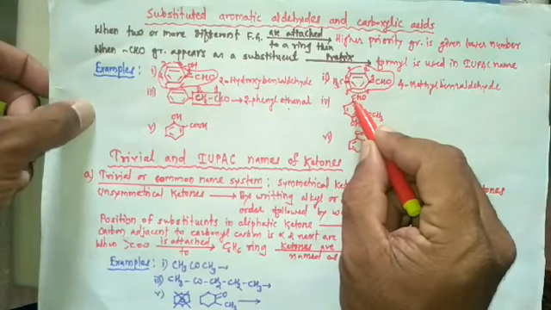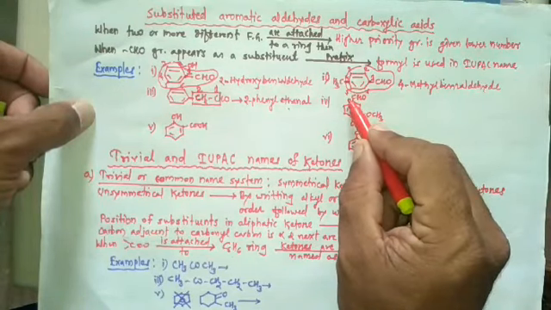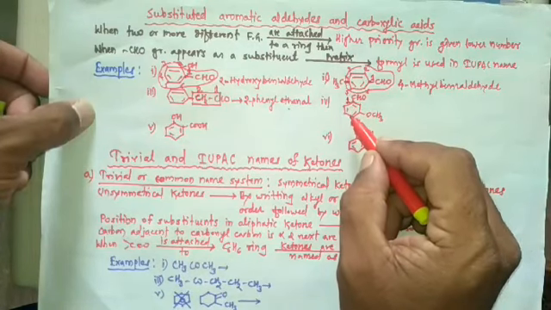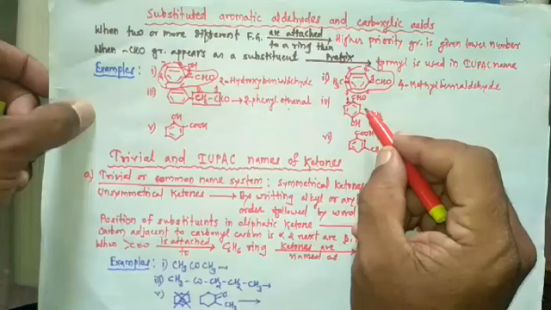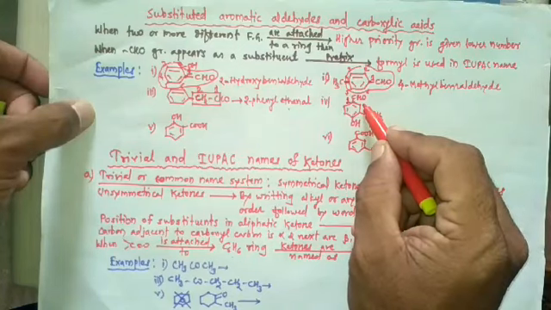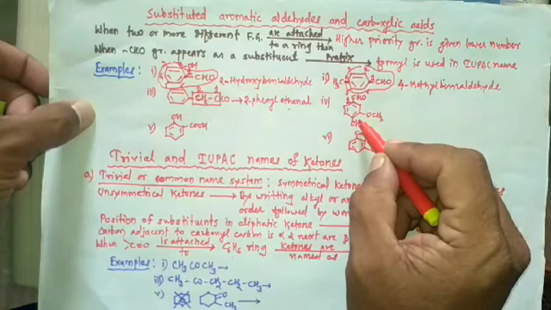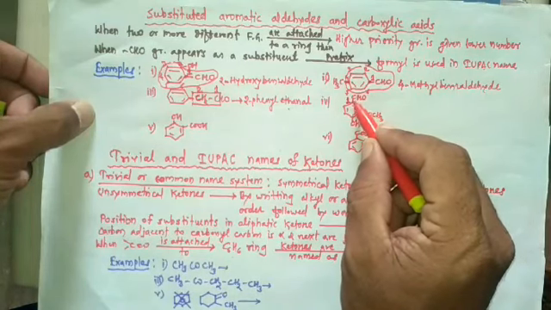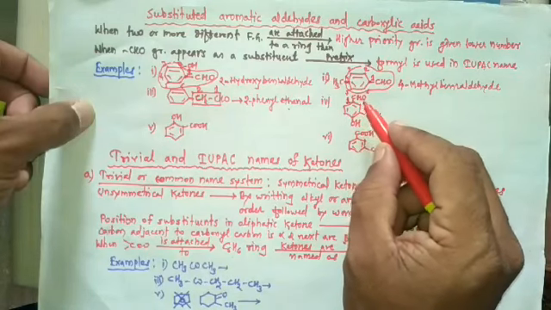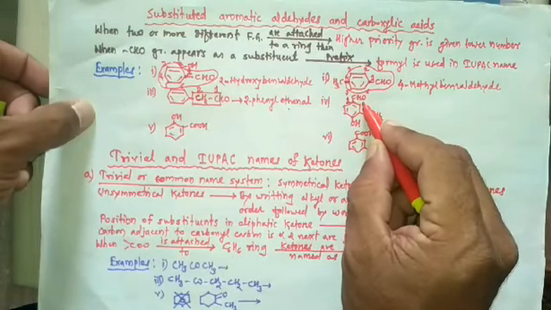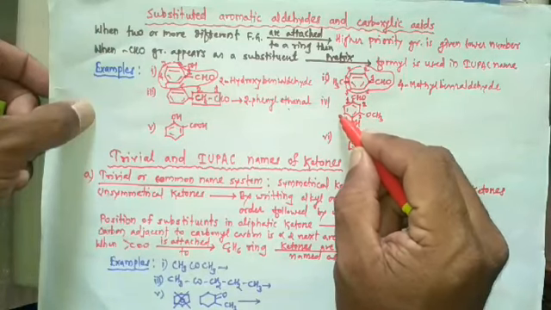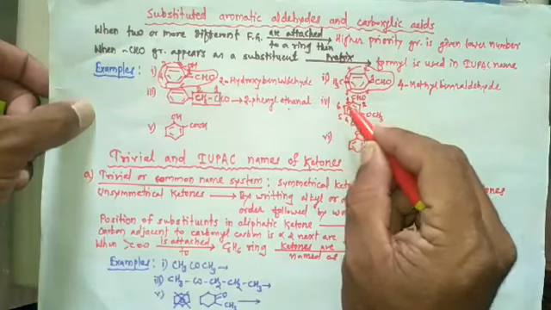The carbon atom on which the CHO group is present we number as 1. Substituents are present towards this side and we have to give the lowest possible numbers to the substituents. That's why we number the benzene ring in the clockwise direction: 1, here 2, here 3, here 4, here 5 and here 6.